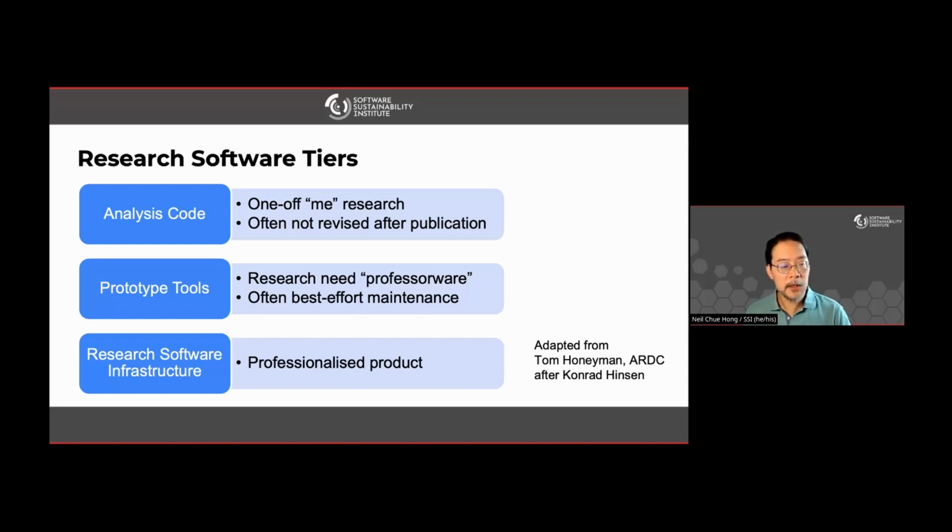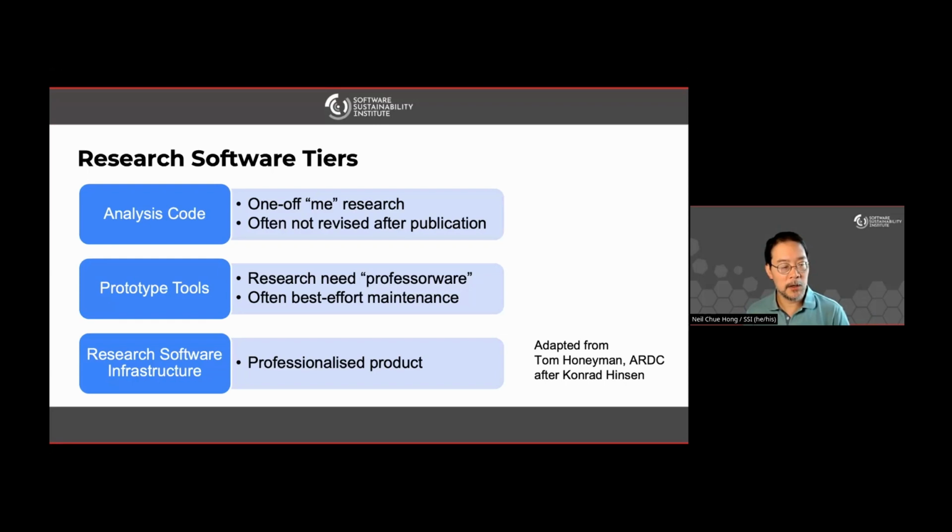Tom has basically suggested that there are 3 levels of research software development that it makes sense to look at. The first is analysis code. Analysis code is the code that is often used to support publications.